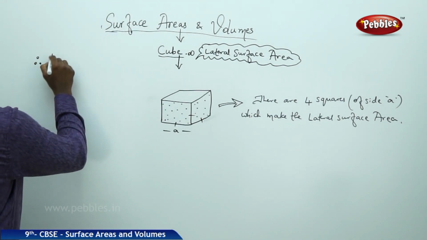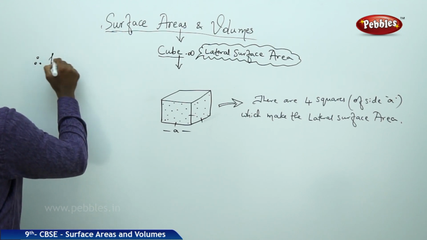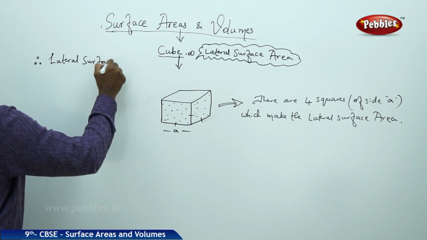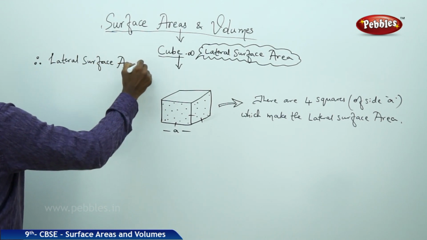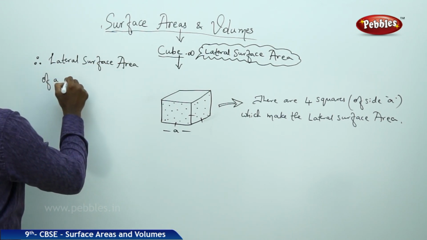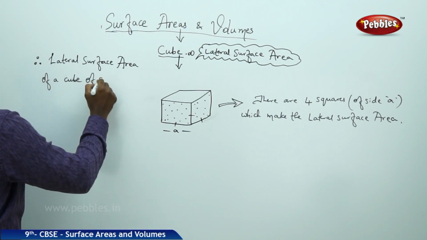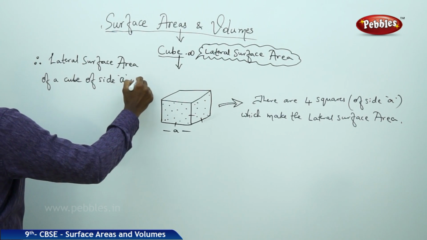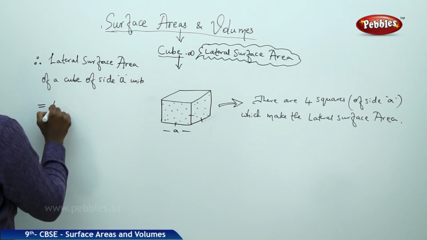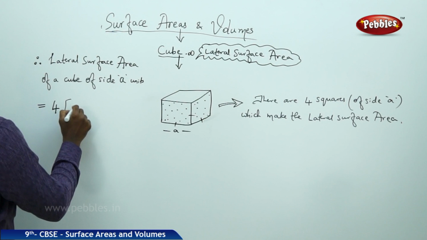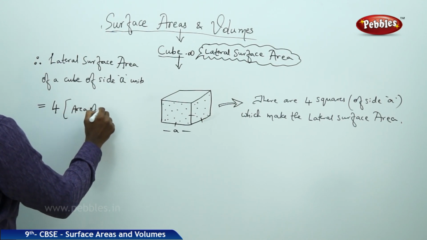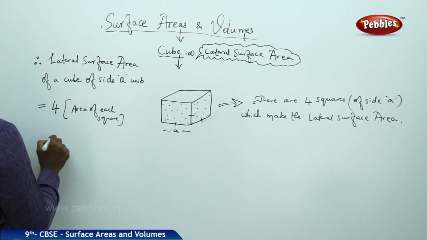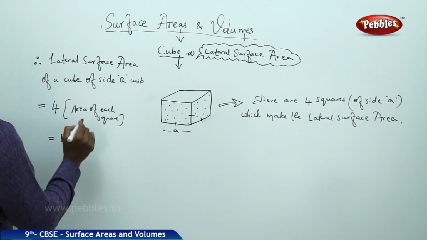Therefore, lateral surface area of a cube of side a units is 4 times the area of each square, which is 4a square.